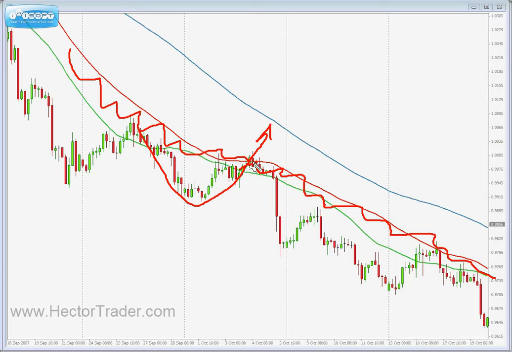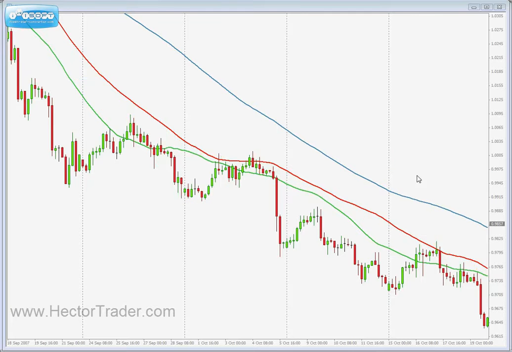But if it does hold and price begins to curl down in the direction of the main trend, just run some demo trades and see what would have happened. You would have made money in the long term. Perhaps you may lose one trade. Of course, losing trades do happen in trading. They are unavoidable.